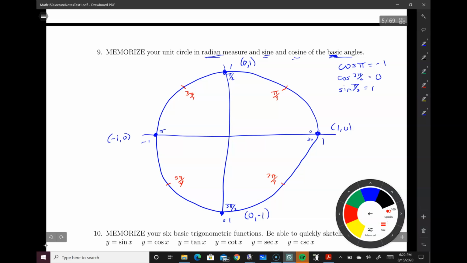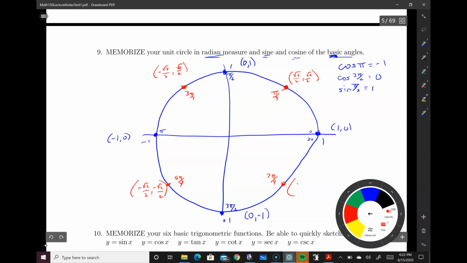So the xy points at these are the same. It's broken up into 2. So root 2 over 2 and root 2 over 2. So this xy point is negative in the x direction and positive in the y direction. This xy point is negative in the x direction and negative in the y direction. Again, same xy values.